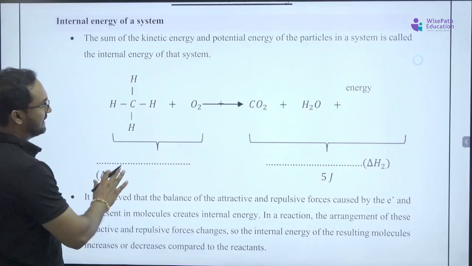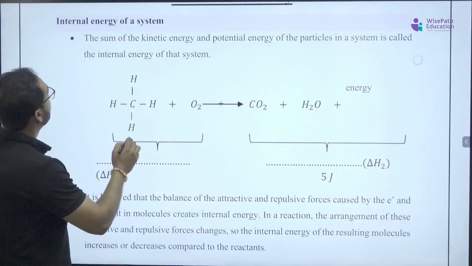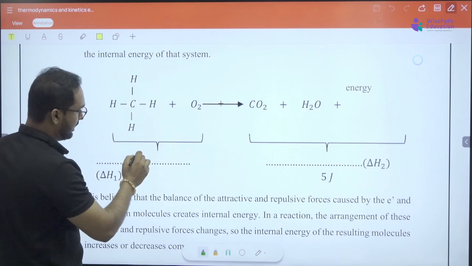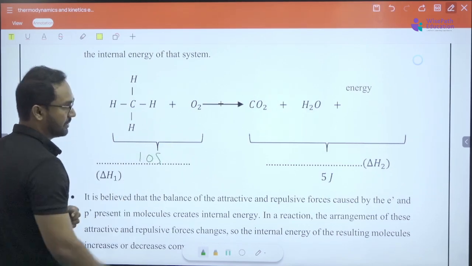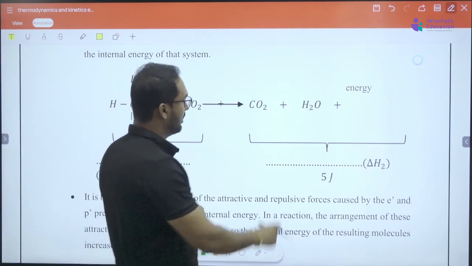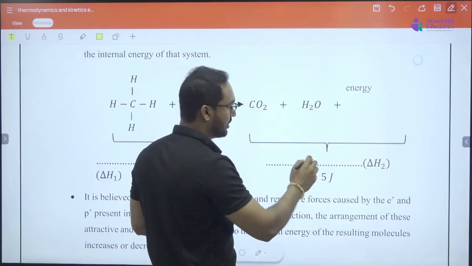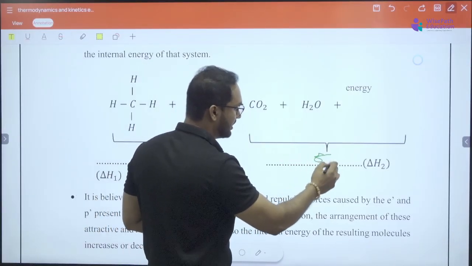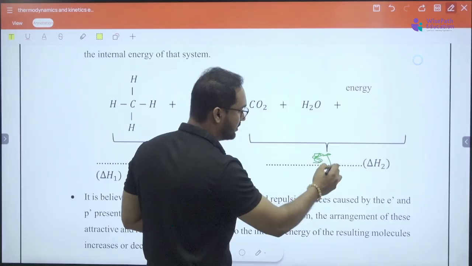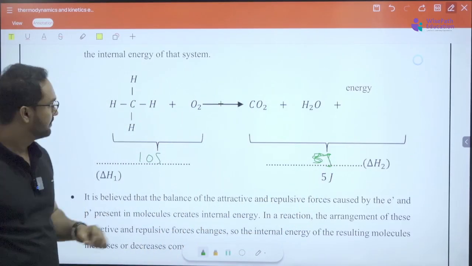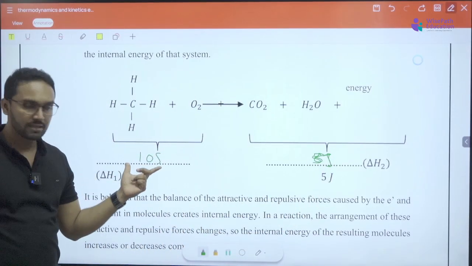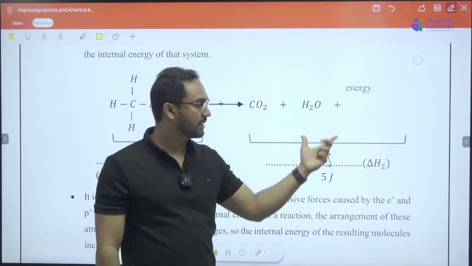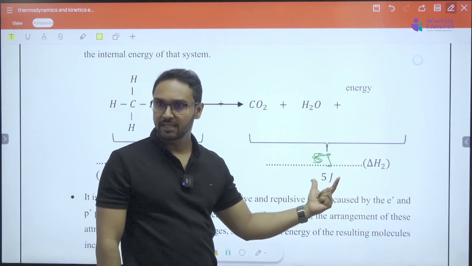Now let's say the methane had, sorry, let's say 10 joules of energy, right? Now only the water molecule and carbon dioxide together have 5 joules of energy. It's written there, 5 joules of energy. Methane and oxygen had 10 joules of energy, and the carbon dioxide and water have 5 joules of energy.